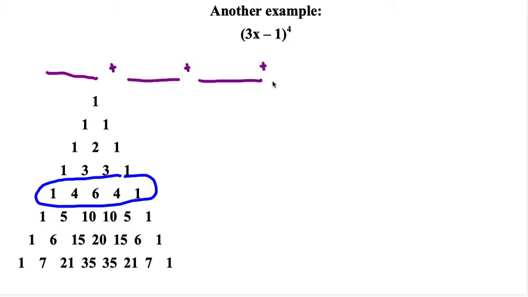In this case, I'm going to write out, well, 4 plus 1 is 5, 5 spaces. And I know that I'm going to have, well, the numbers represented in Pascal's triangle, so 1, 4, 6, 4, and 1, because I'm raising it to the fourth power, so I use the fourth row.